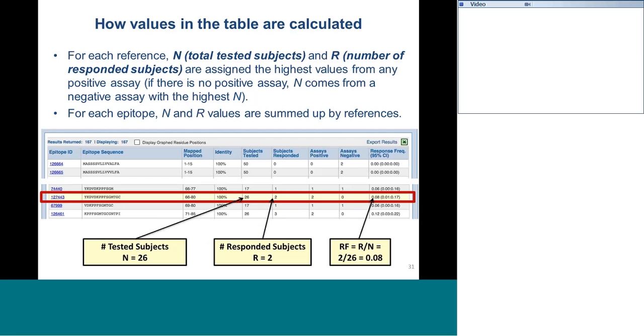Also, the numbers for N tested subjects and R responding subjects, and the final score, are calculated based on assigning the highest values from any positive assay.